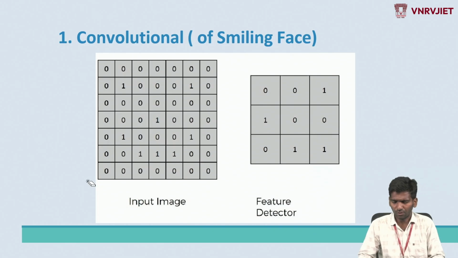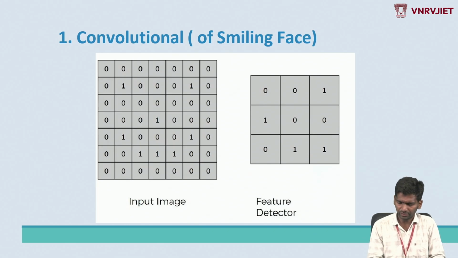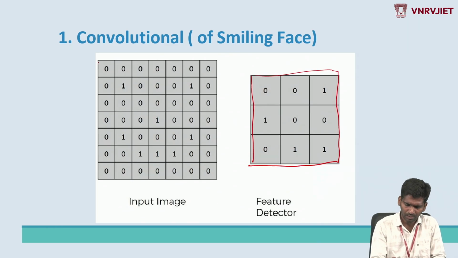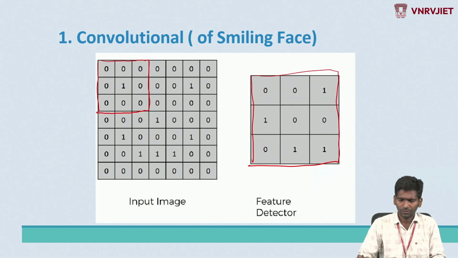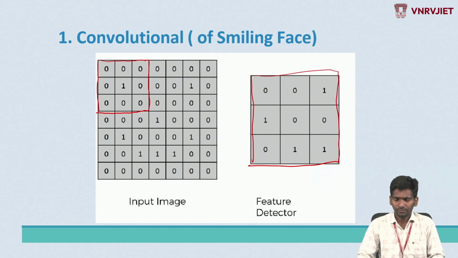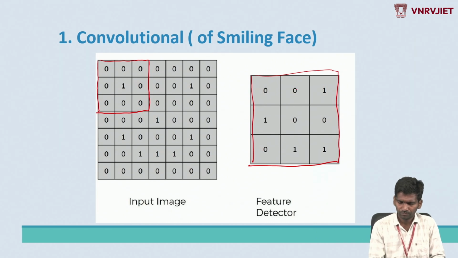Now, to this input image we are applying a feature detector. So what is this feature detector? It is 3 cross 3. This 3 cross 3 will be applied on this input image. Now you multiply the corresponding elements.